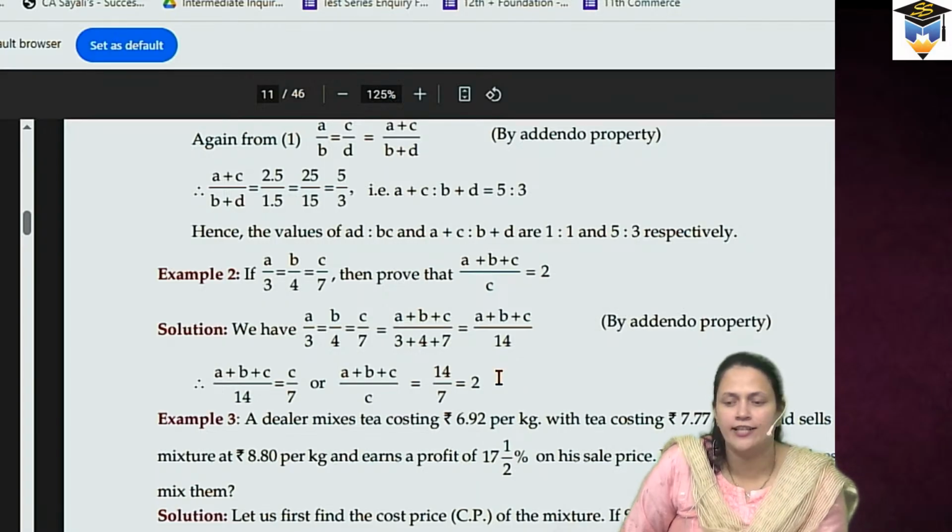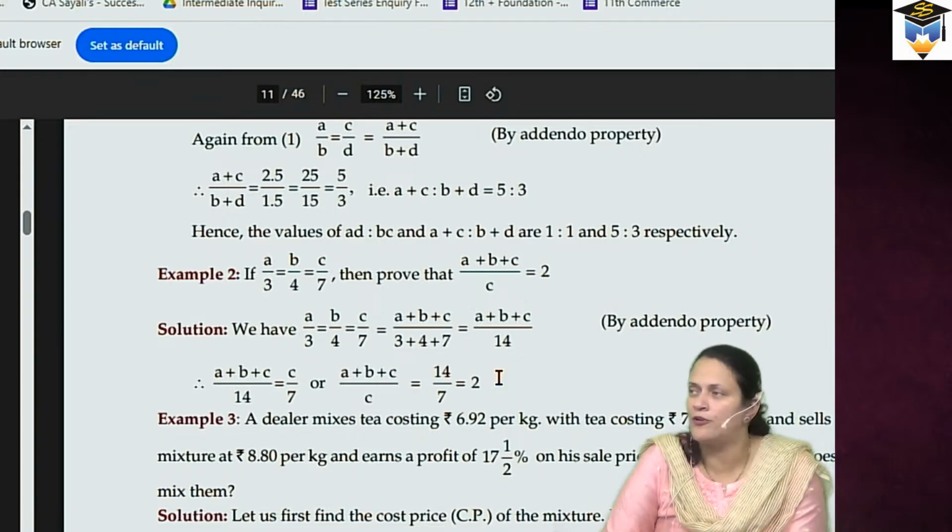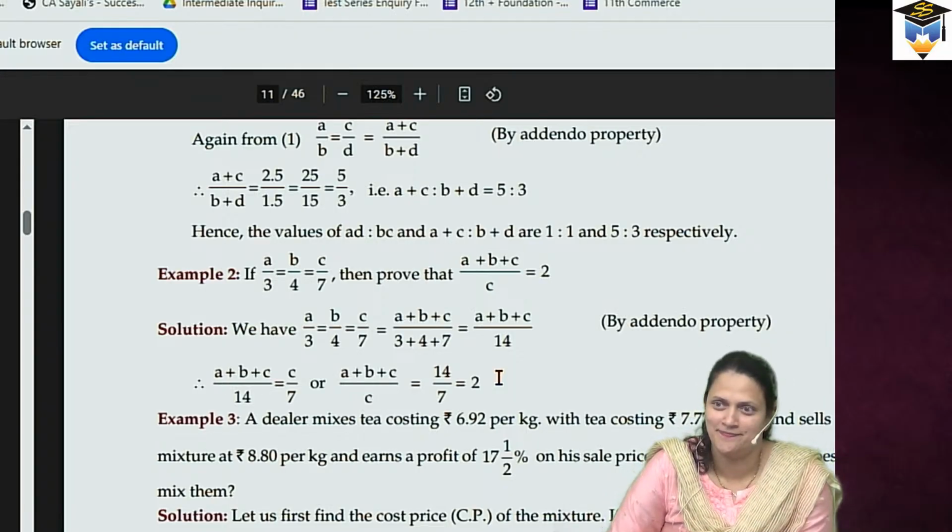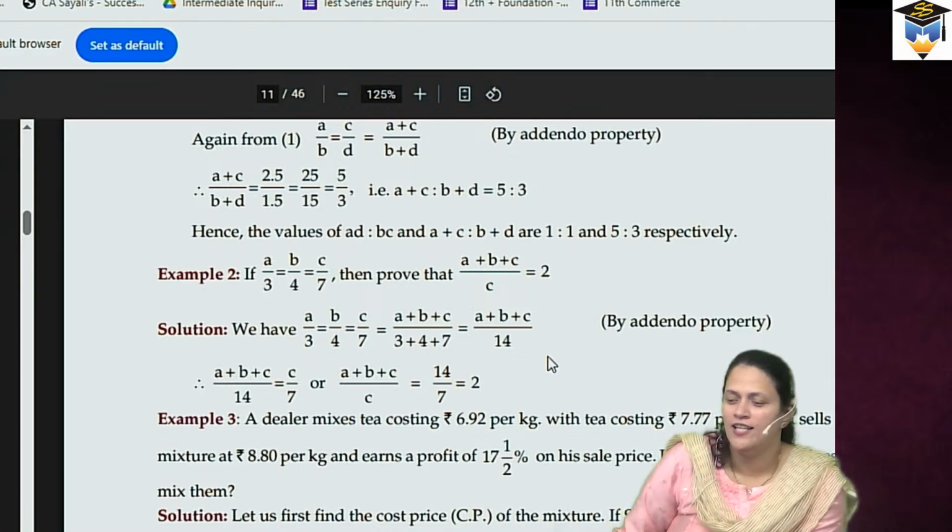Understood? Write it down. This is very, very important. These type of sums are generally asked. Okay? So they are important.